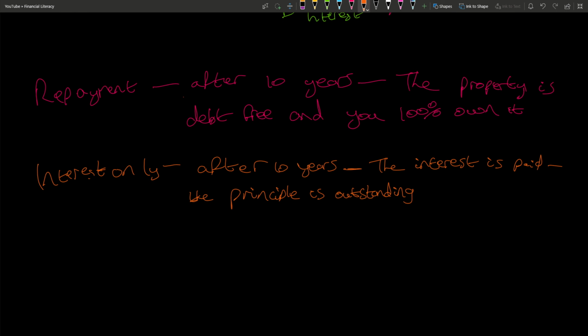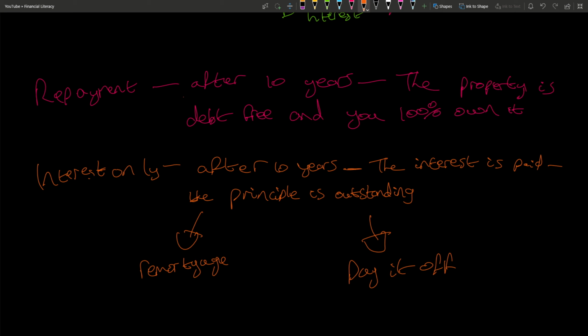So the principal is outstanding and that needs to be paid. You can do that in one of two ways. You can either remortgage and then you go through the same process again. You could just do interest only, and that gets paid off via the remortgage essentially, or if you have the cash, pay it off.